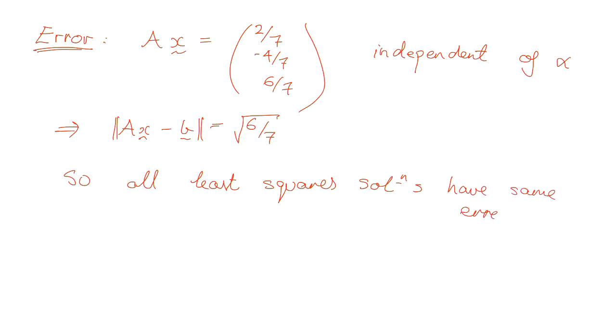The error is just the name that we give to the distance between AX and B. If we actually had a perfect, genuine solution, AX minus B would be 0, but the system wasn't consistent, so that's impossible. But the best x's you can pick are such that AX minus B has length root of 6 on 7.